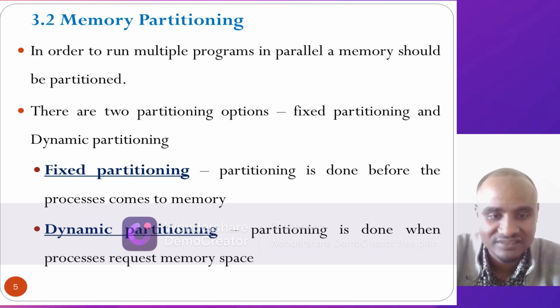Dynamic partitioning means partitioning is done when a process requests memory space. That means during the execution of the process, the memory can be partitioned, whereas fixed partitioning is pre-configured.